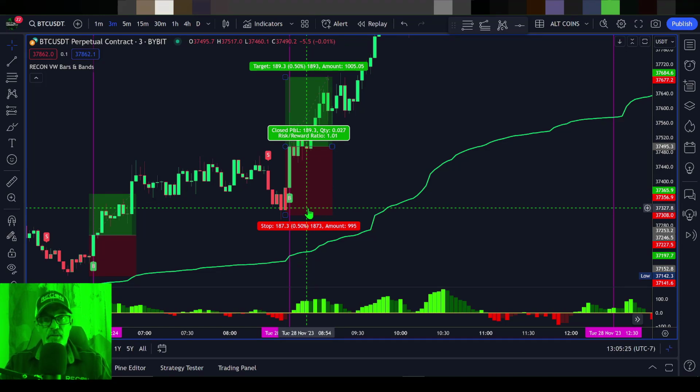I use 10x leverage. Thus, if you apply 10x leverage to any of these trades, it's 10 times greater than the amount you're seeing. So in this case, a 0.5% move is a 5% move in my favor. A 0.2% move is a 2% move when you apply the amount of leverage that I use.